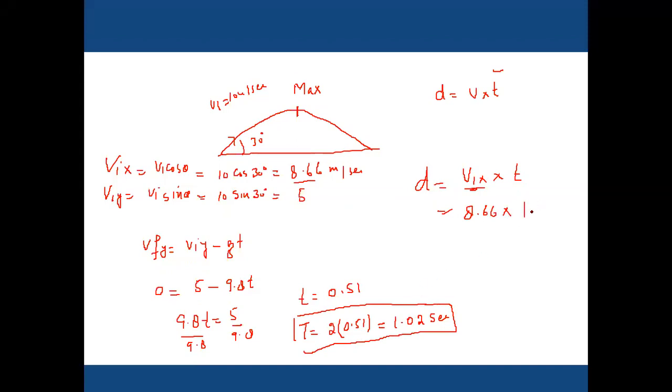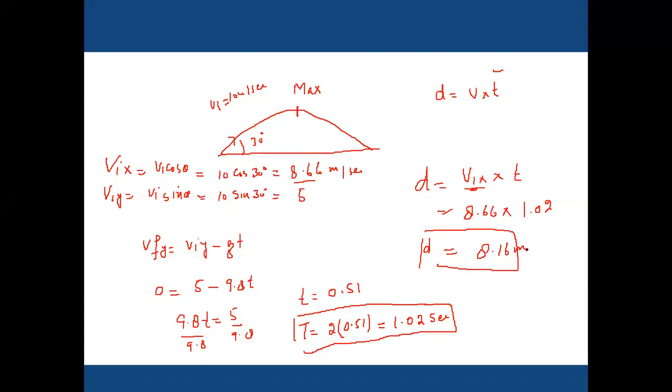Time is equal to 1.02. So when you multiply 8.66 with 1.02, you get 8.83. Yes, 8.83. This is the horizontal distance, the horizontal range in meters. Correct?